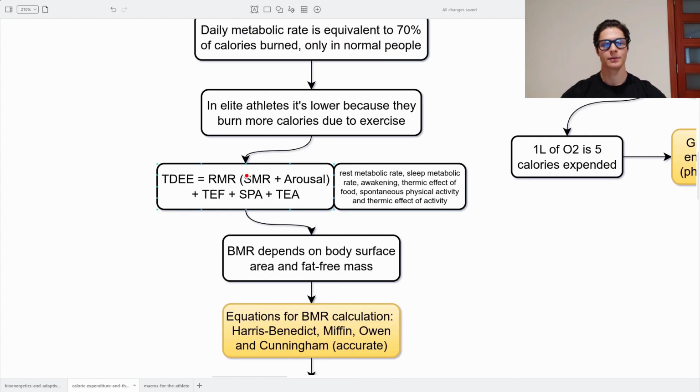So, knowing that, the total daily energy expenditure is the rest metabolic rate, which includes the sleep metabolic rate, and the arousal, which is the awakening energy expenditure we have, together with the thermic effect of food, for example, proteins, so the energy we use to digest food, plus the spontaneous physical activity, for example, walking to the university, and the TEA, the thermic effect of activity, going to the gym or doing a competition.